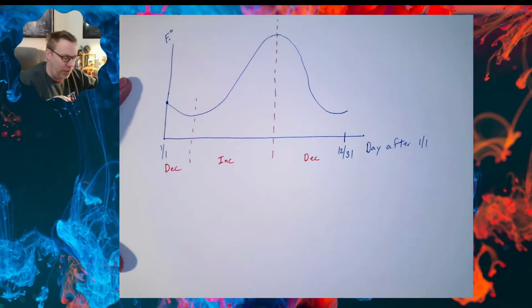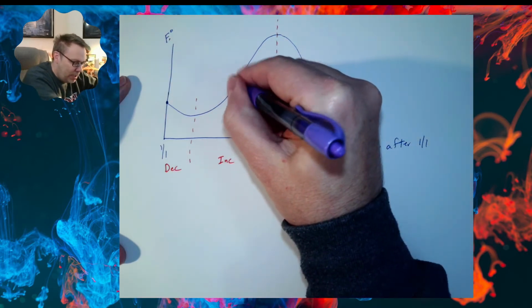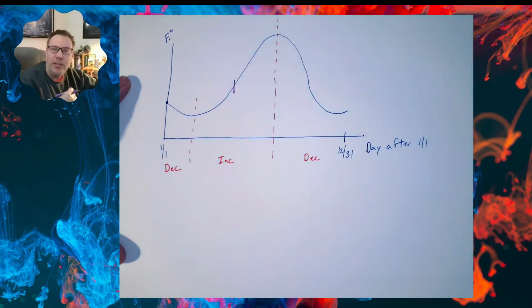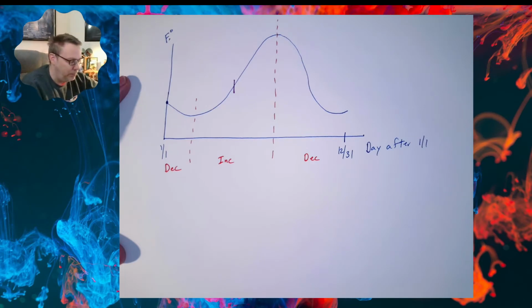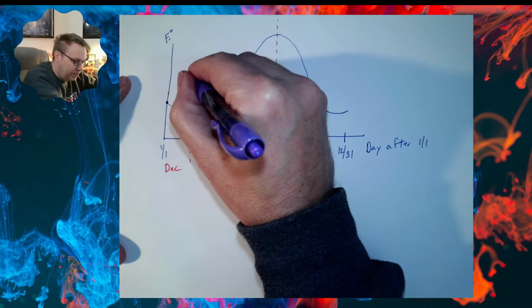Now, another thing I want you to notice is when we talk about concavity, I have different concavities here. In fact, there's a place right here where the concavity is going to change. This part of the graph, this is concave up.